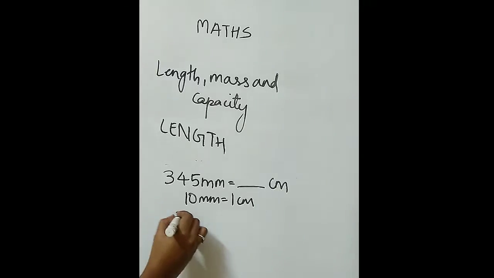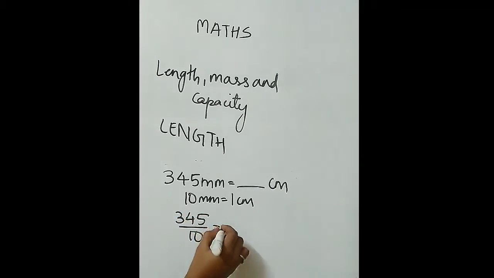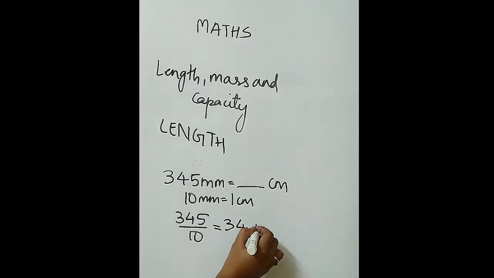So I will divide by 10. The answer will be 34.5 and you have to write the unit. So this is the way conversion is carried out, students, and it's very, very important in mathematics as well as in many subjects.